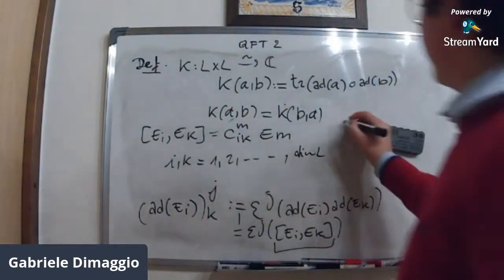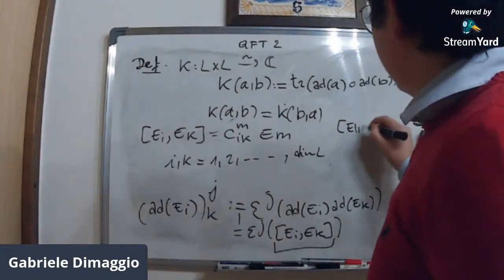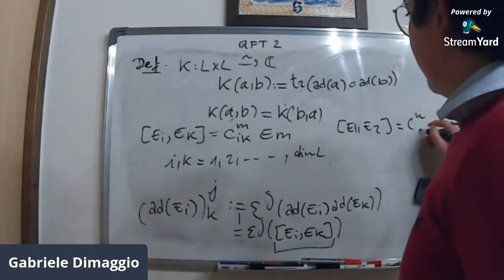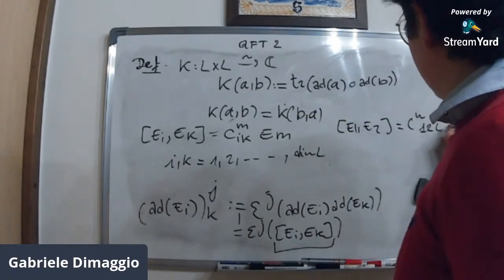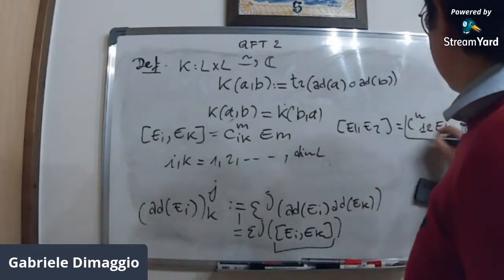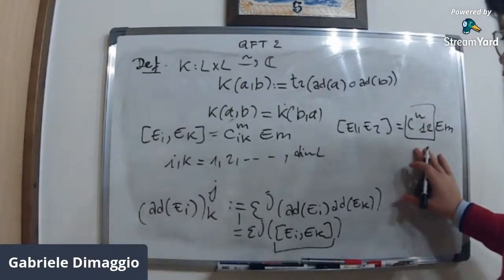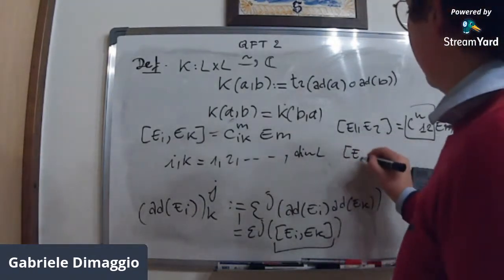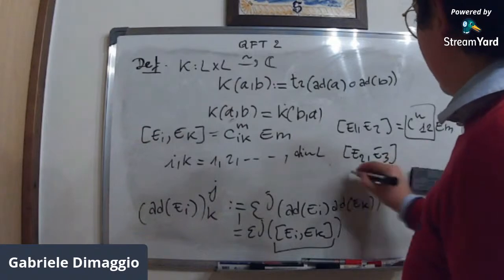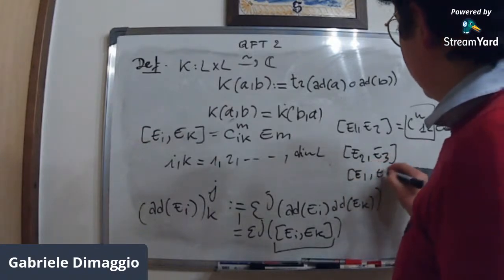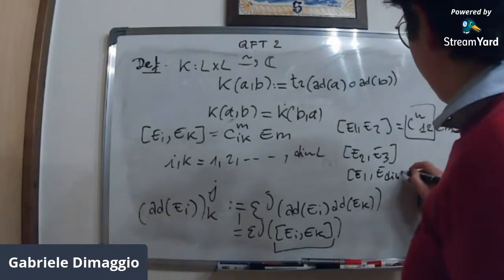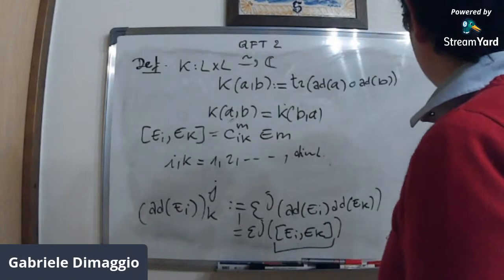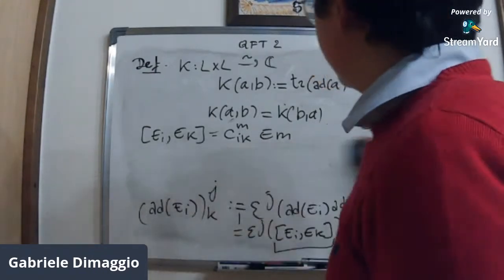And so I have, for example, e_1, e_2, and this is c^m_12 e_m, and this can be something important. And I have another element, so I can have e_2, e_3. I can have e_1, e_dimension of L, and so on. Okay, and so these are the structural constants.